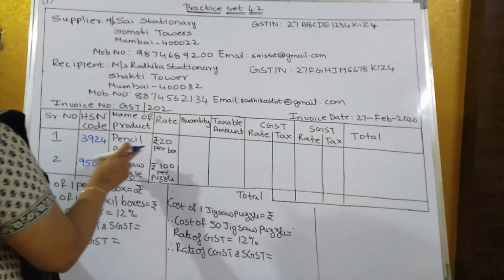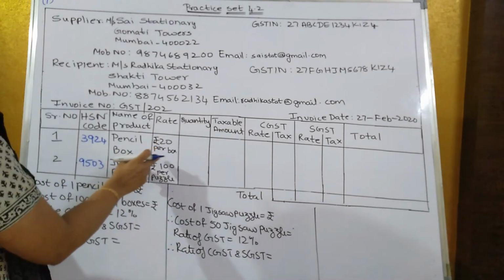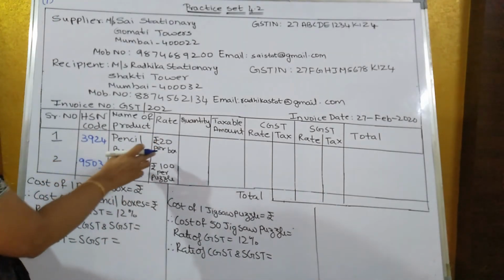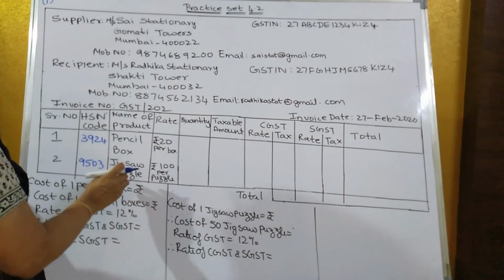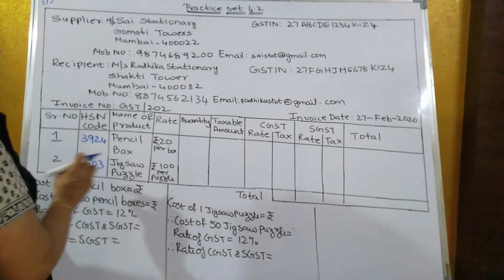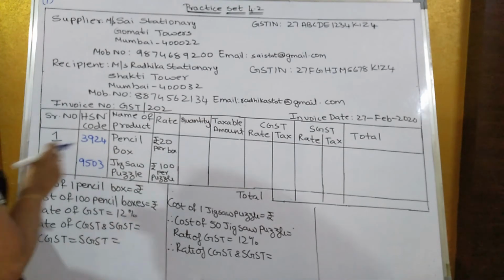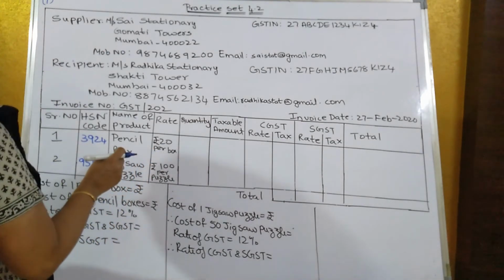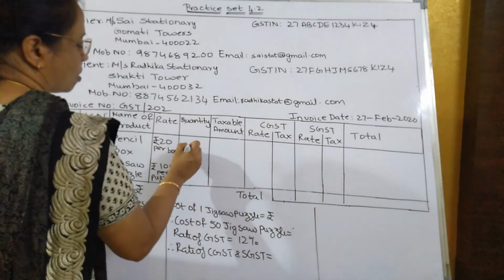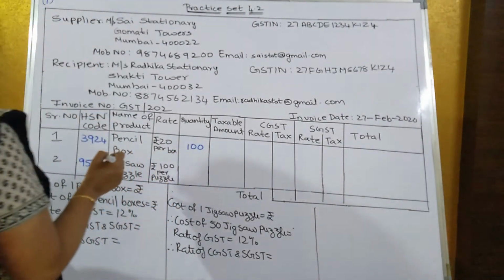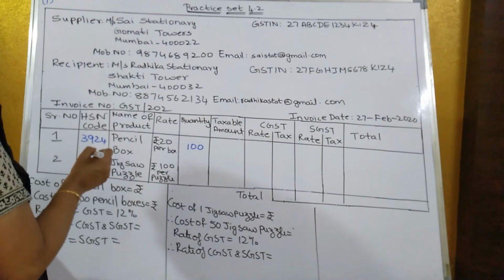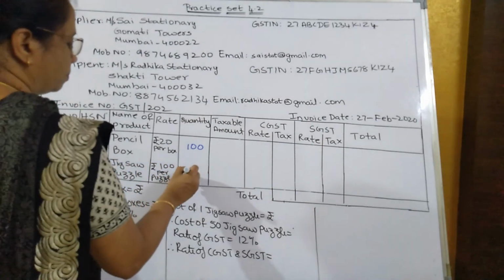The rate is how much? Rupees 20 per box. That is, one pencil box costs rupees 20. Same way, one jigsaw puzzle costs rupees 100. But the person over here has not bought one piece. They have bought 100 pencil boxes, and same way jigsaw puzzles, they have bought 50 of them.